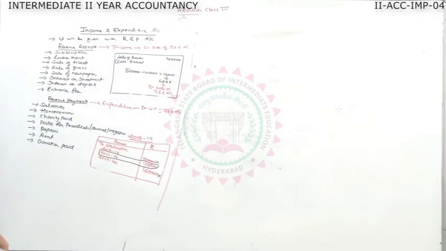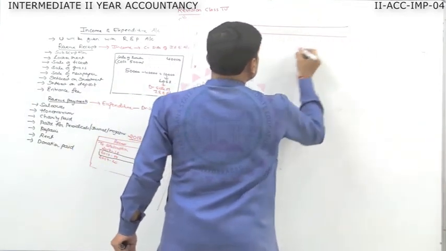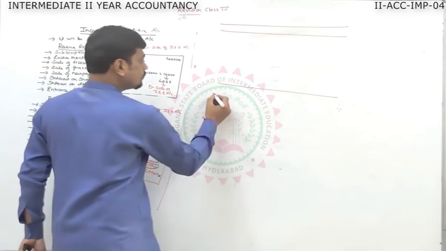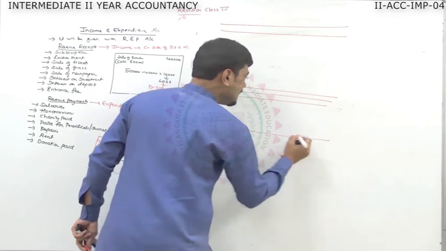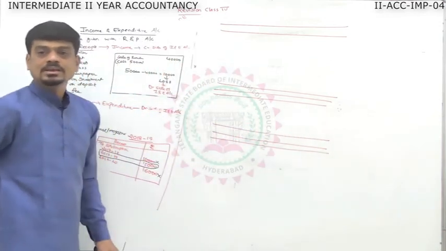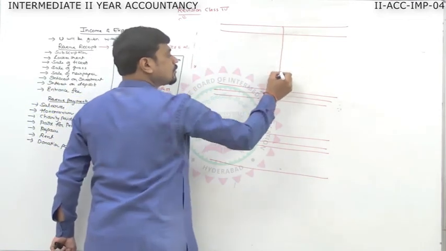The first account will be the consignment account. The second account will be the consignee account. The third account will be the goods sent on consignment account. That's it.